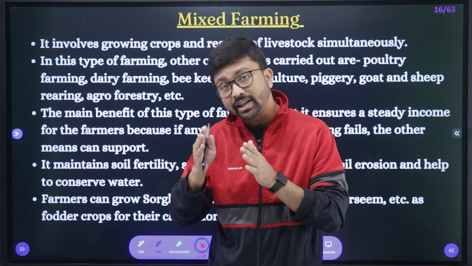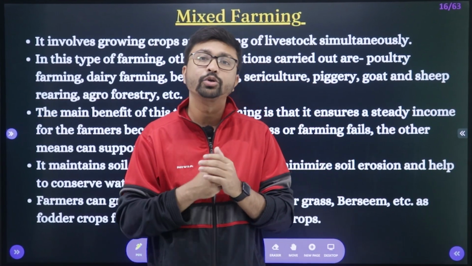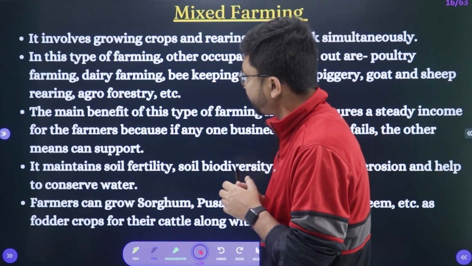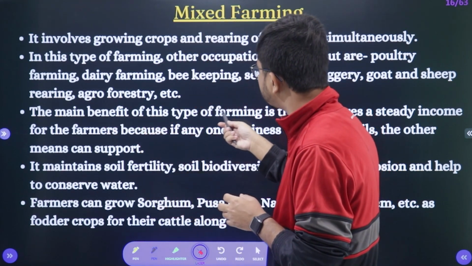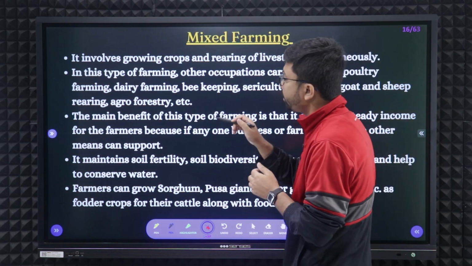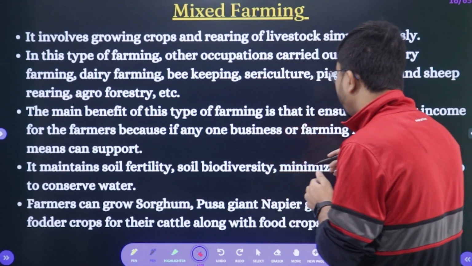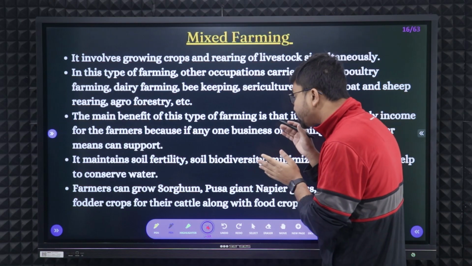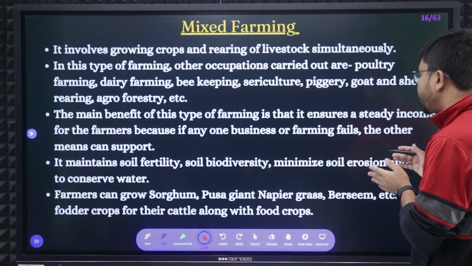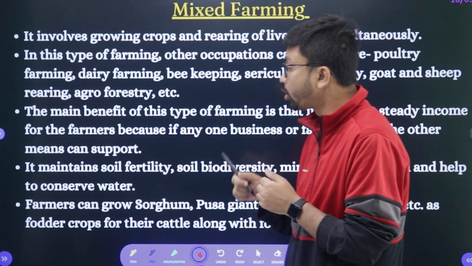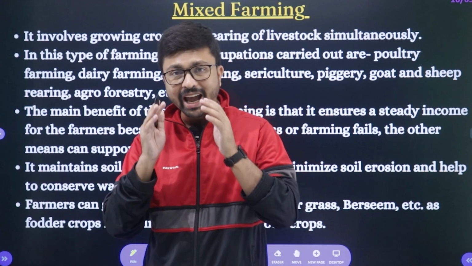So farmers will always prefer this type of agricultural activity, that is called mixed farming, right? The main benefit of this type of farming is that it ensures a steady income for the farmers, and they can become much more economically sufficient. So it maintains soil fertility, soil biodiversity, minimizes soil erosion, as well as helps to conserve water. So that's it about the types of farming.